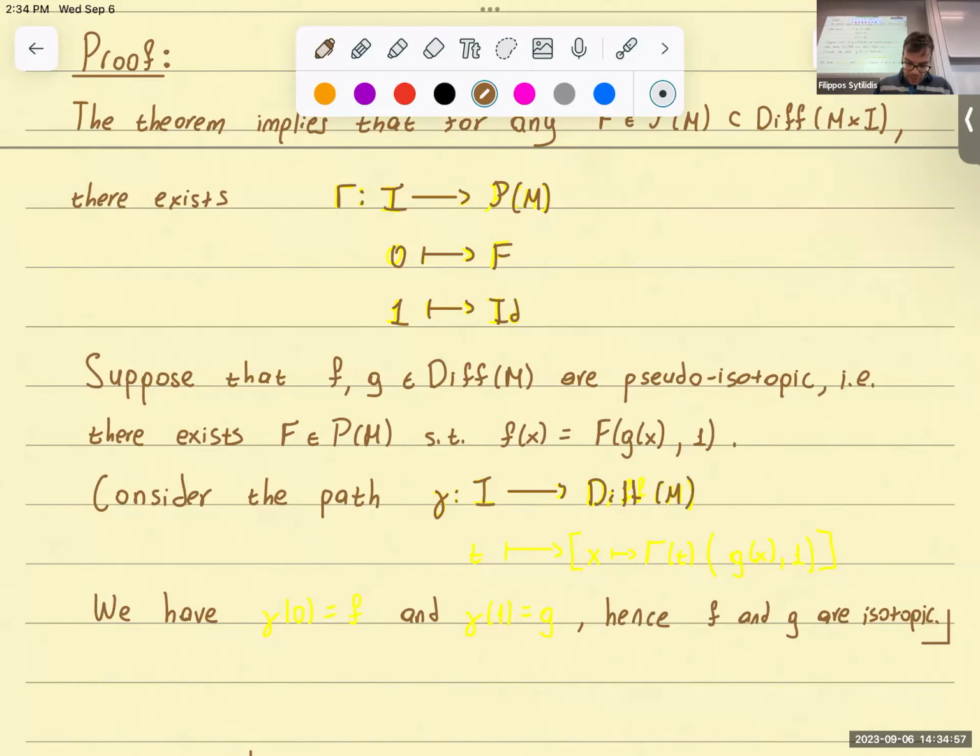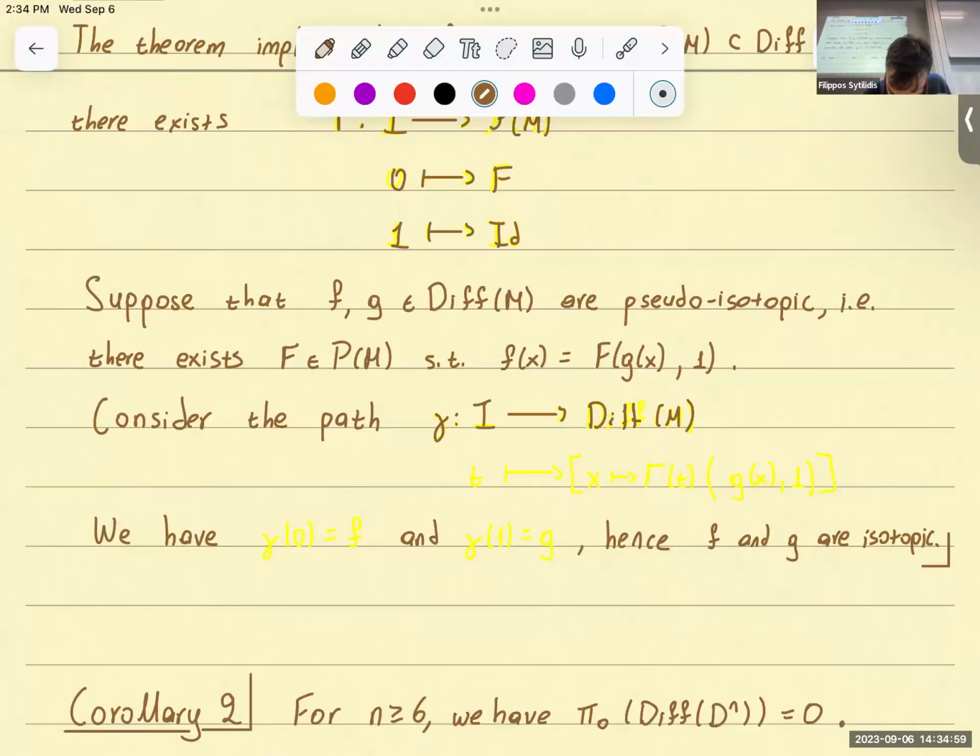What am I going to take? At time t, I need to produce a diffeomorphism for you, so I need to tell you where this diffeomorphism is going to send X.